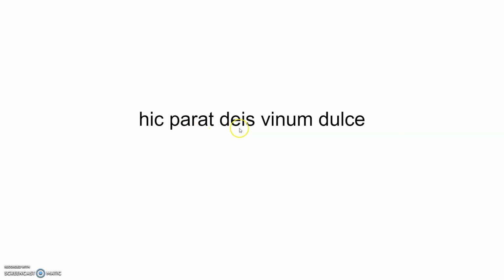Hic parat deis vinum dulce. Now we see here, this guy is our subject. Parat, you'll notice there's no tur, so it's an active verb. So we're saying this guy prepares. We have deis, so our dative is ending. Actually, let me get to the color-coded version here to help out. So this is dative. Remember, dative, Dave likes to do things for people and give things to people. So that dative means to or for the gods.